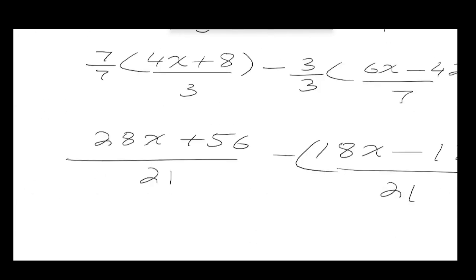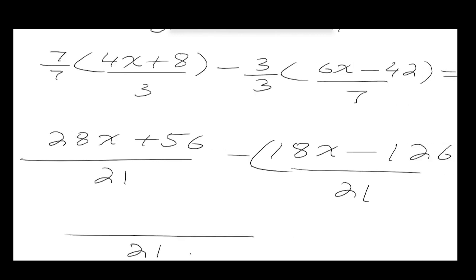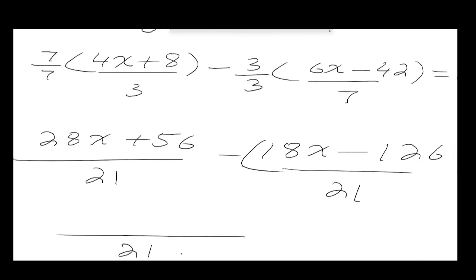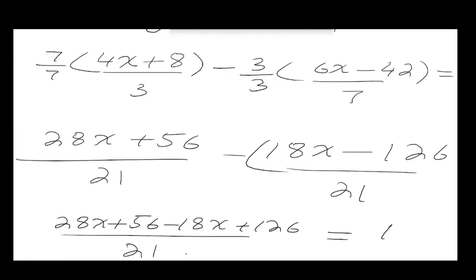Okay, now as you can see our denominator is the same, so we can just write it only one time. And now we are going to remove the bracket, so minus will be converted into plus, because minus minus is plus. So we can write 28x plus 56 minus 18x plus 126, and this will be equal to 12.